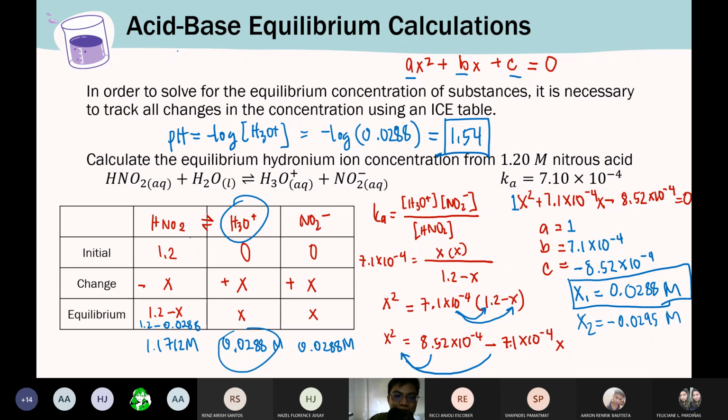Ang pH kasi, sorry, ang H3O plus ay analogous na rin with H plus. So, same lang sila actually. Kaya di ba minsan makikita mo sa textbook, nakalagay H3O, tapos mamaya bigla naging H plus. Same lang yan. Okay? Sa ganun.